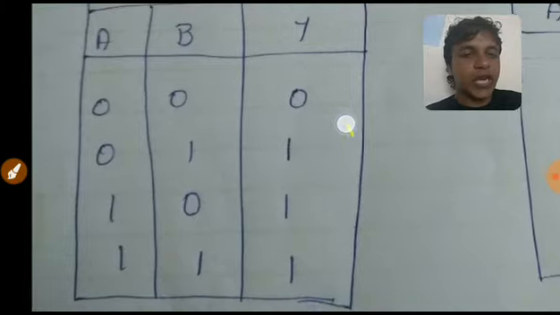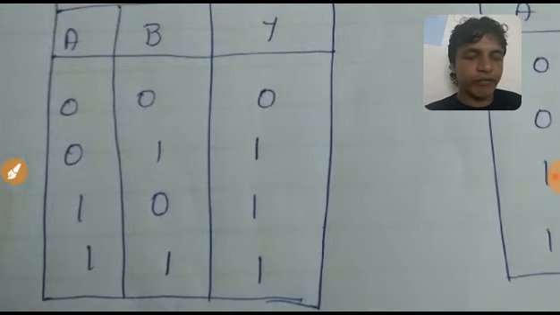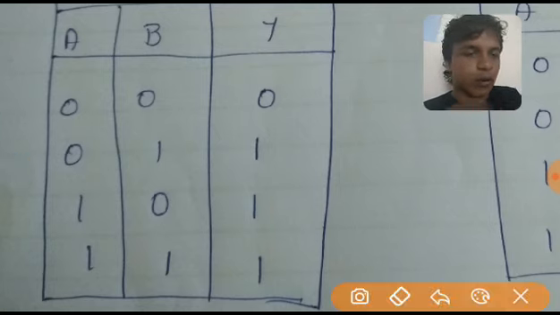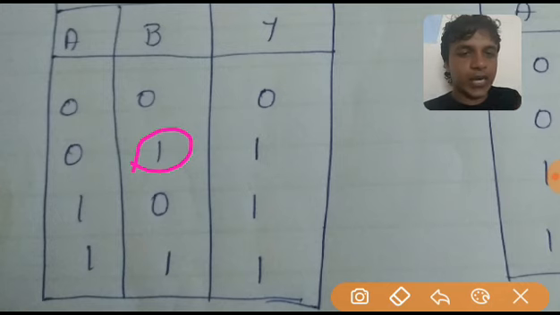When the switch A or B, any one switch, is in on position, it is not necessary that both the switches should be in on position. Here B is on whereas A is off, but we are getting the output. Here A is on, B is off, but we are getting the output.